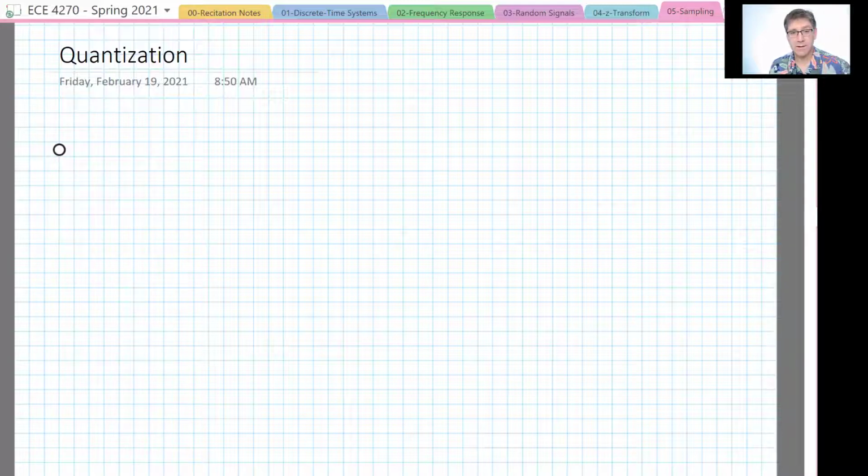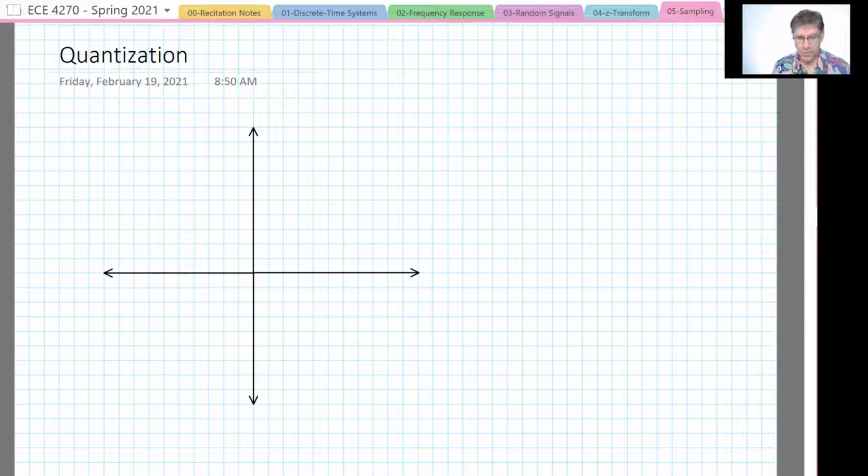So in quantization, we take signal levels and we restrict them to be specific levels. We can represent our quantization as a figure that looks like stair steps.